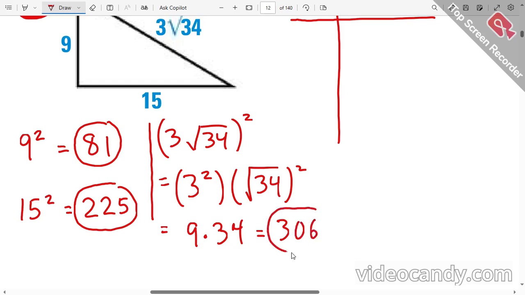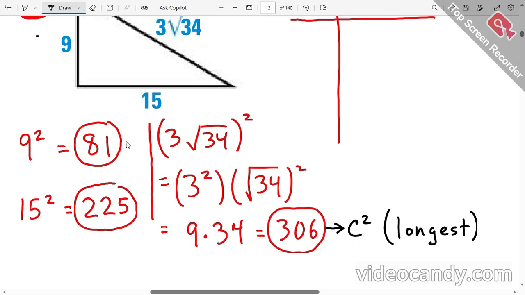So now that we squared each side, we know which one is going to be used for C squared. All right. We can clearly see out of the 3 numbers, this one is the longest. So we're going to make this one C squared because that's the longest. A and B, it doesn't matter which is which.